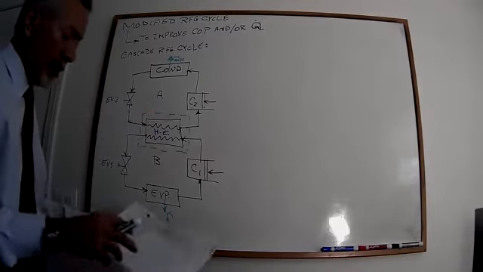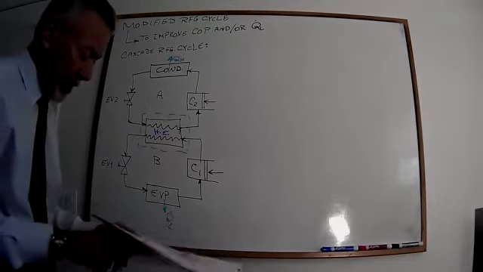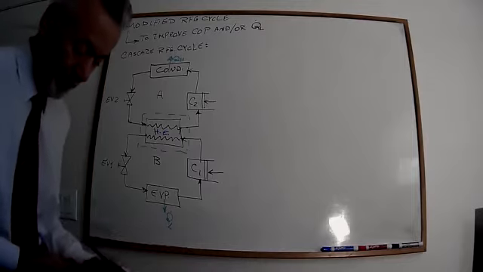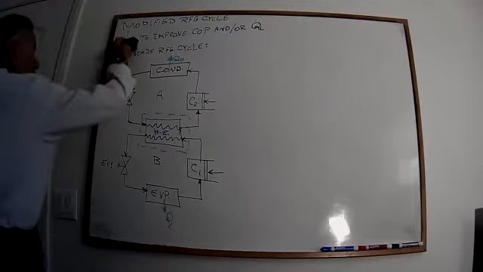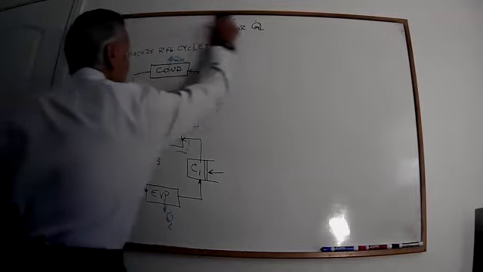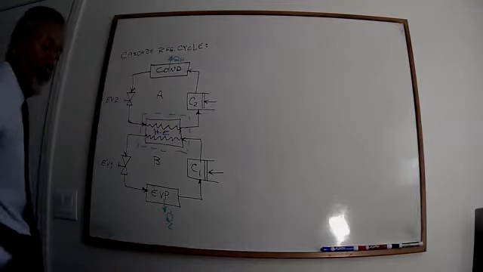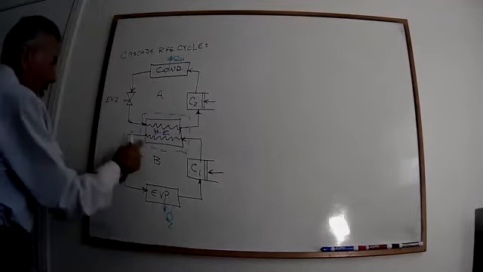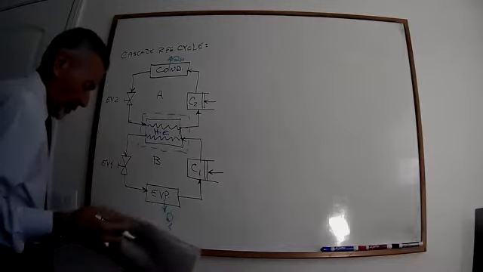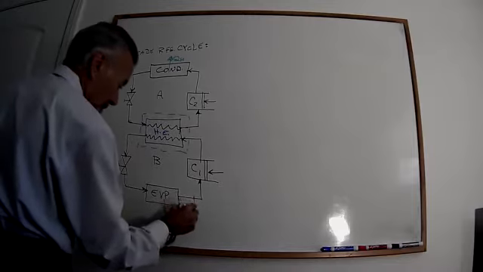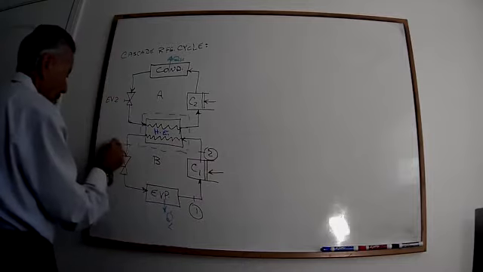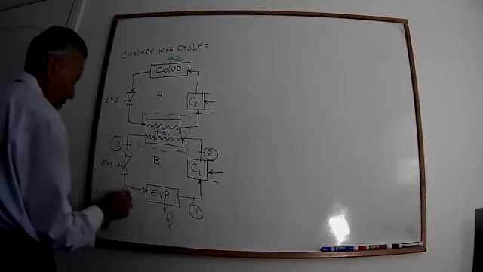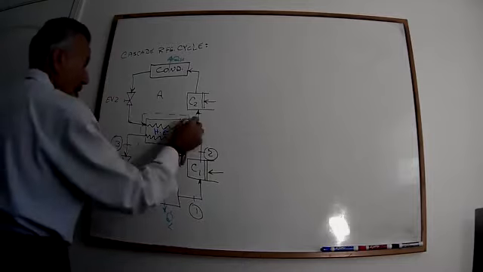So therefore, I can basically write, let's see. Now, let me number it first. This is 1, that's 2, 3, and 4.